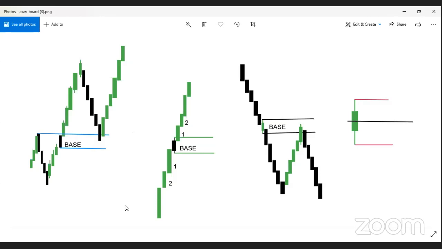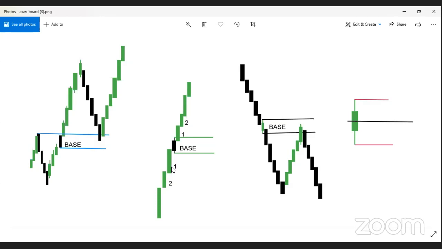I want to talk about something which we call base in the market. We'll talk about bases in the market. So what is a base? A base is this kind of candle. As you can see here, we count the candles here. One on the green candle.